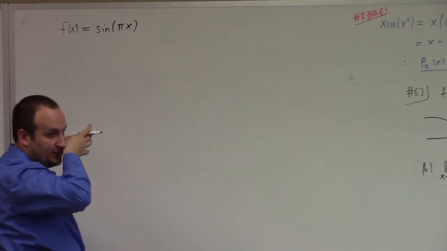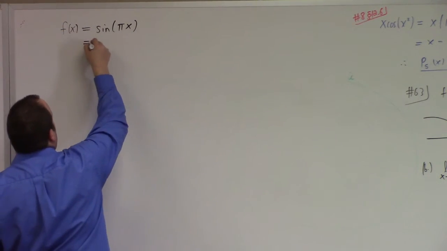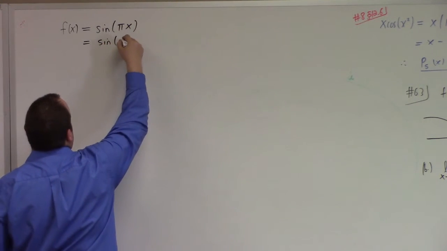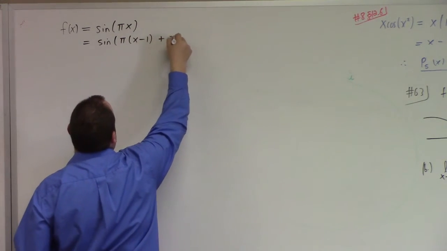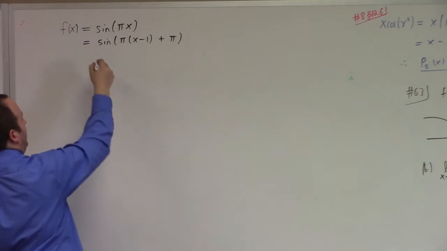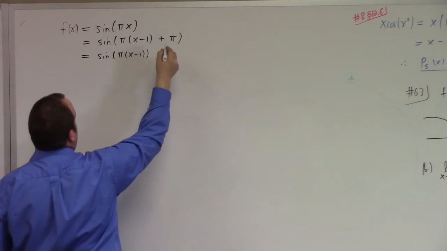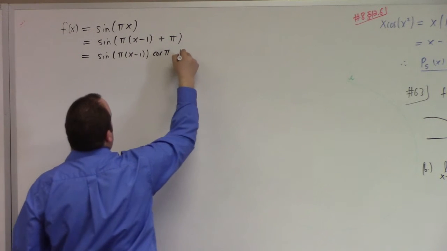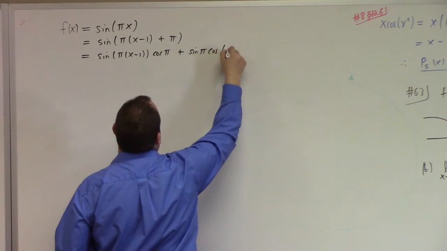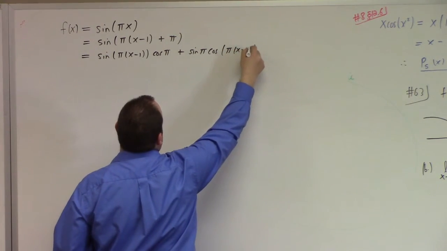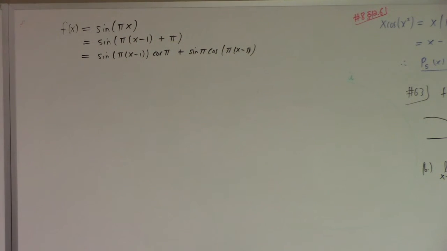Now here there's hope. You could use Taylor series, of course, but I'll show you my trick. What I would do is write that as sine of pi times x minus 1, plus pi. And then that is sine of pi times (x minus 1) cosine pi plus sine pi cosine of pi times (x minus 1), by the adding angles formula, which apparently we're deriving through series methods in problem 34.